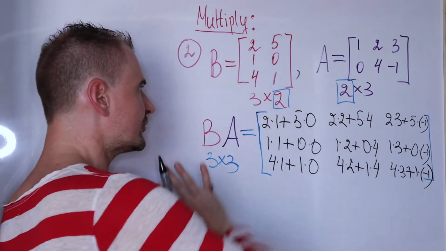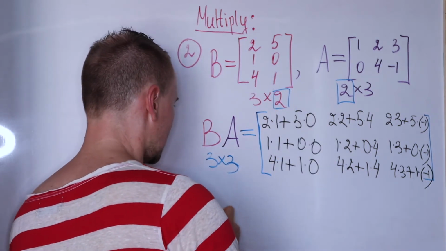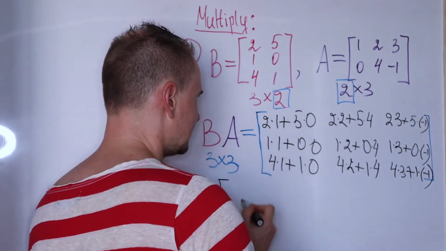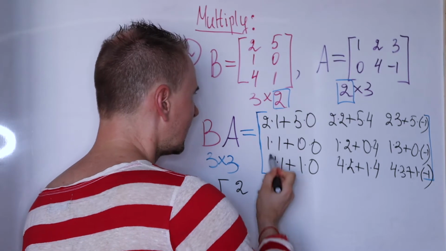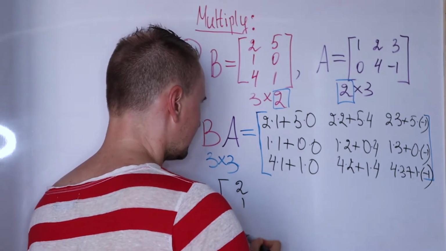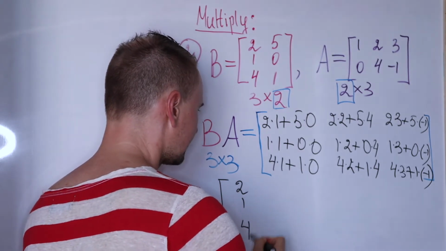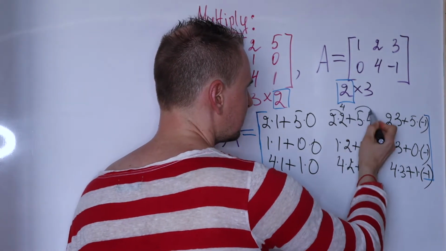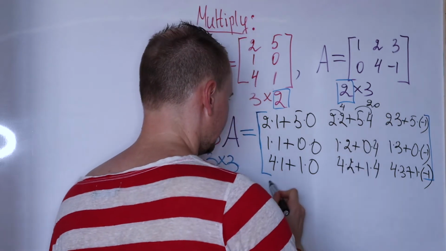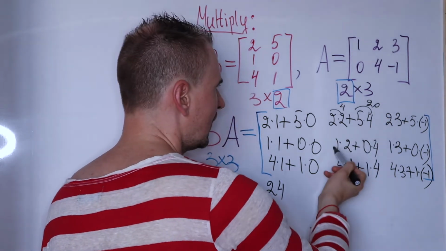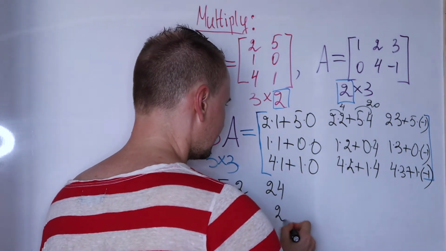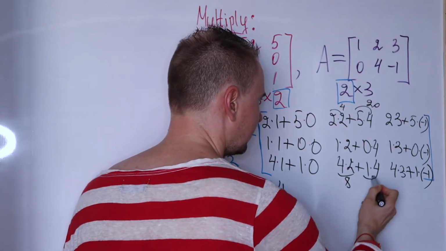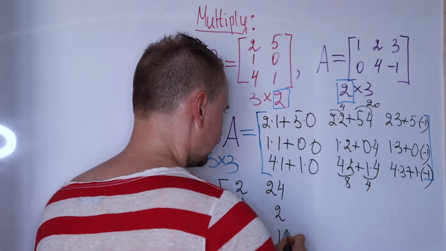So all you need to do is just calculate. So it becomes 2 plus 0, 2, 1, and 4. The second column, so 4 plus 20 gives you 24. Over here 2, 8 and 4 gives you 12.